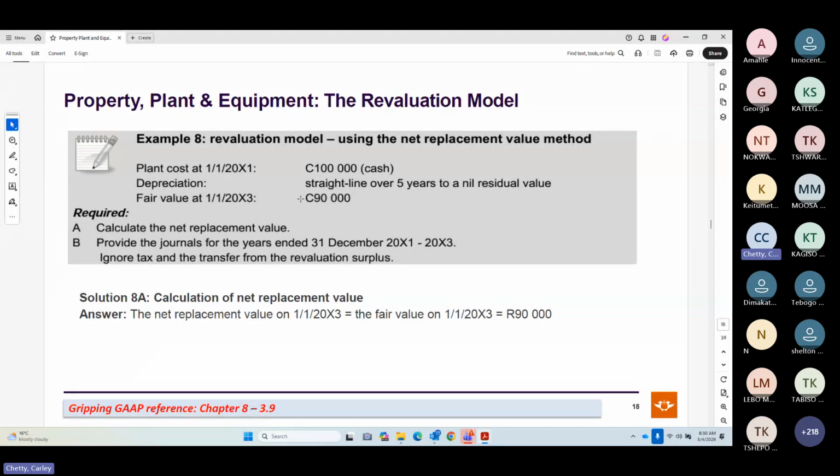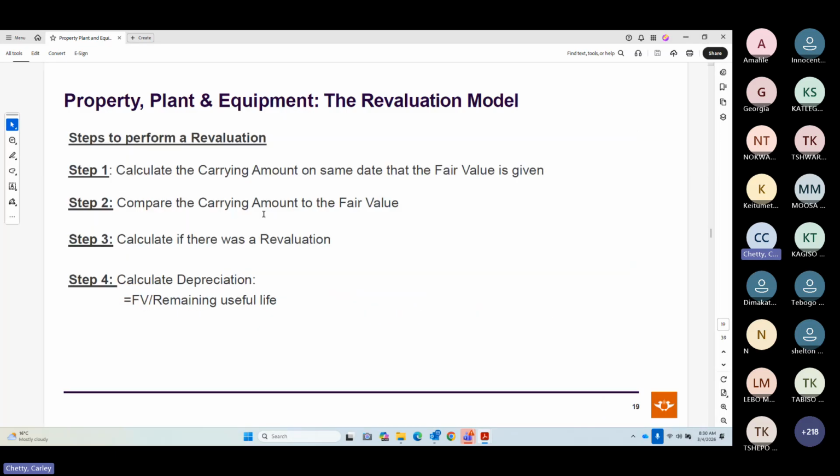So we are going to calculate the carrying amount on 1 Jan 20x3. We are then going to compare the carrying amount to the fair value, and we are going to see if there was a revaluation.